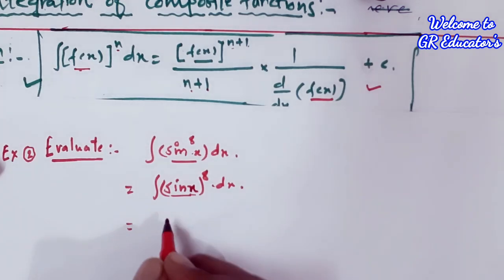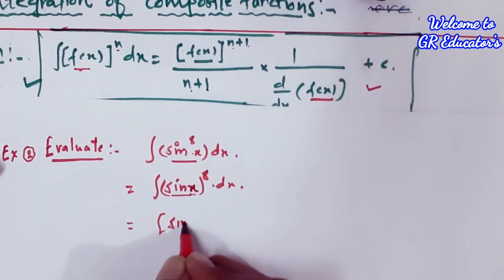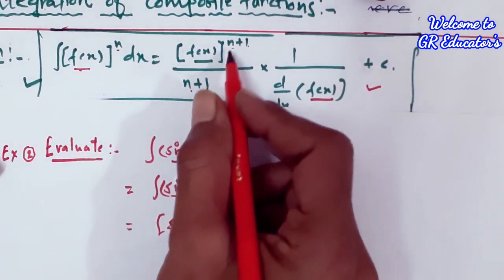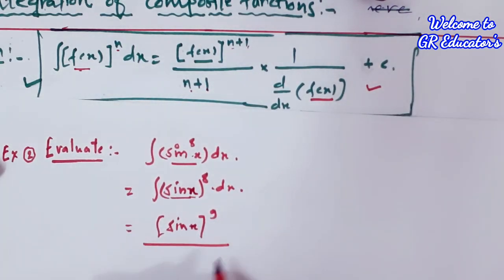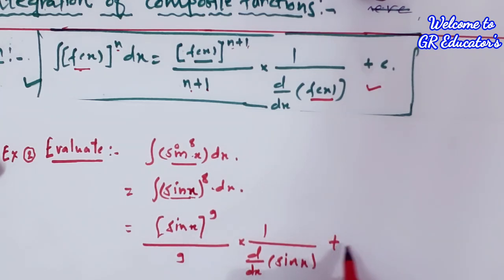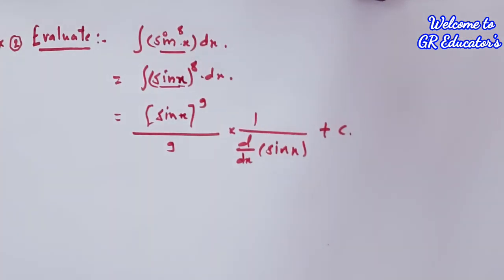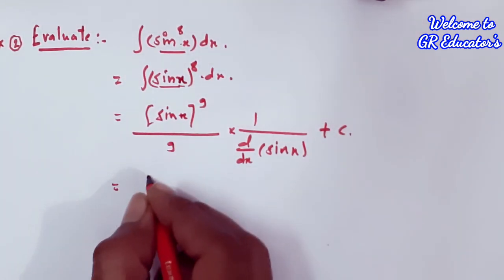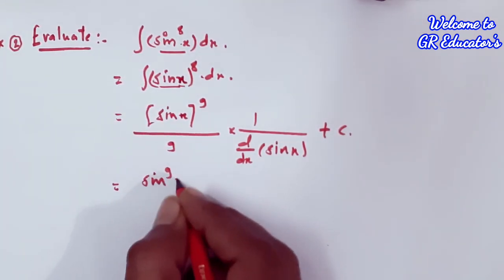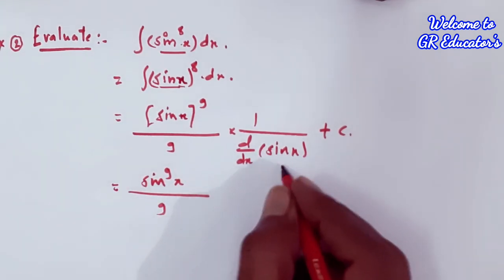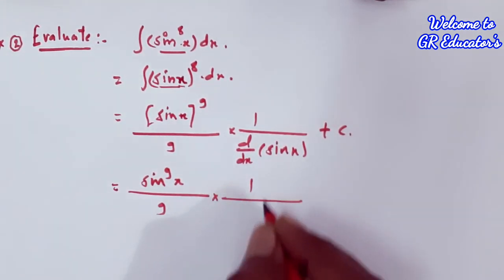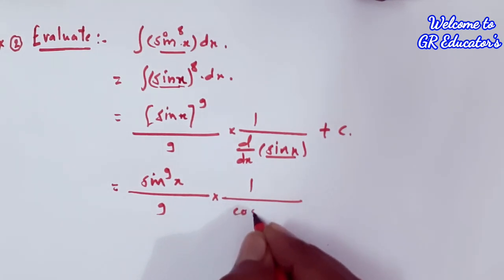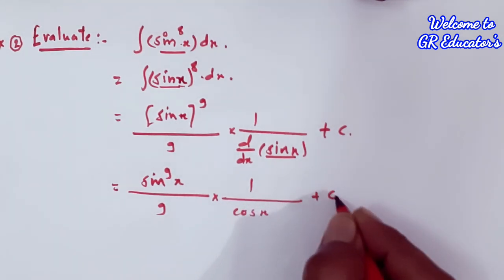So sine x raised to power n plus 1, means 9, divided by 9, into 1 divided by the derivative of sine, and then plus c. So this can be written as sine raised to power 9x divided by 9, and 1 divided by the derivative of sine, which is cos x, plus c.